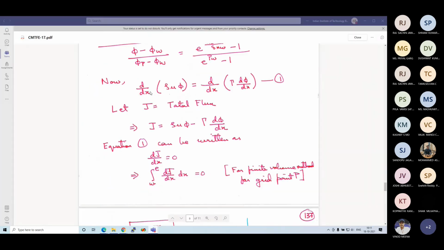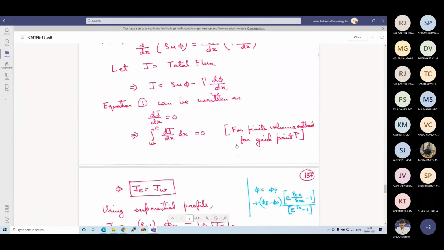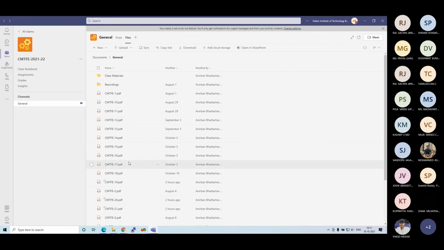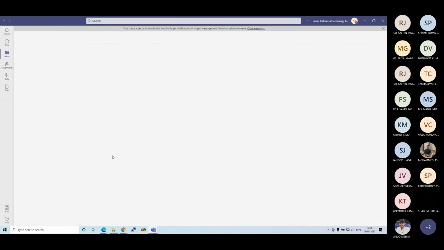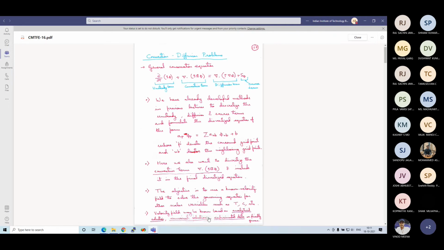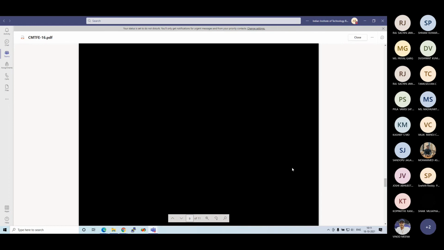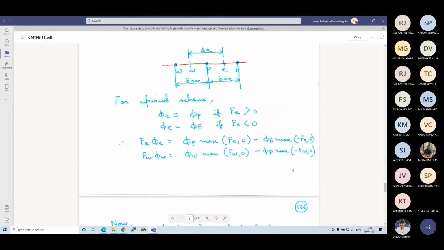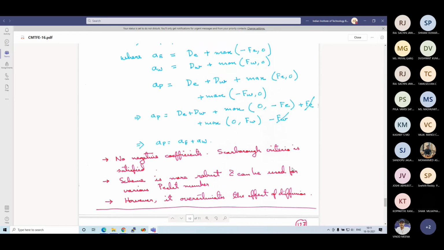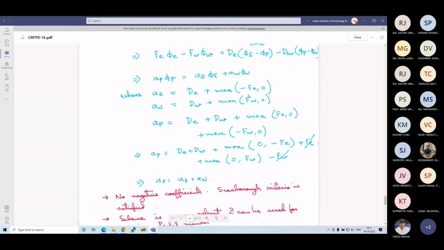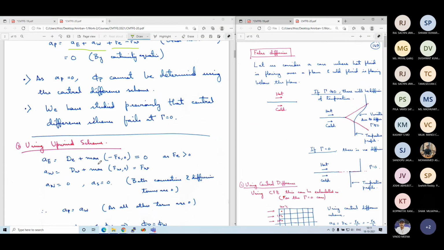So Ae is De plus maximum of minus Fe, 0, and Aw is Dw plus maximum of Fw, 0.